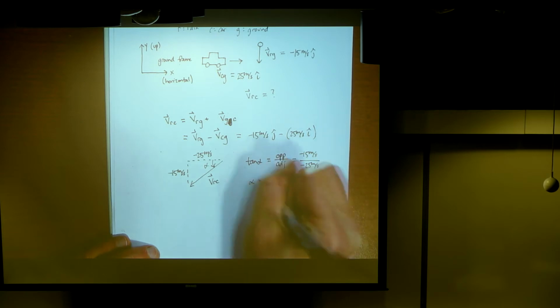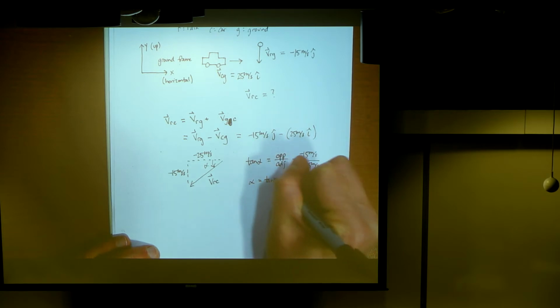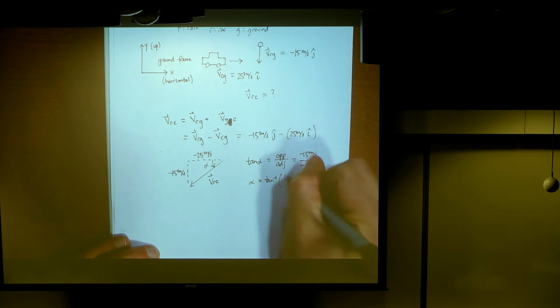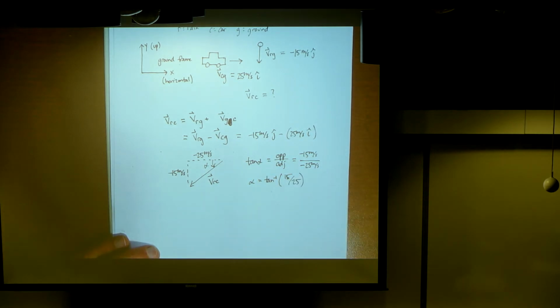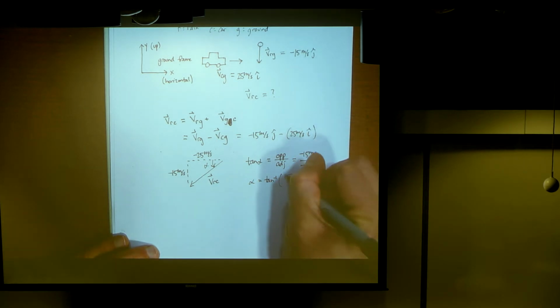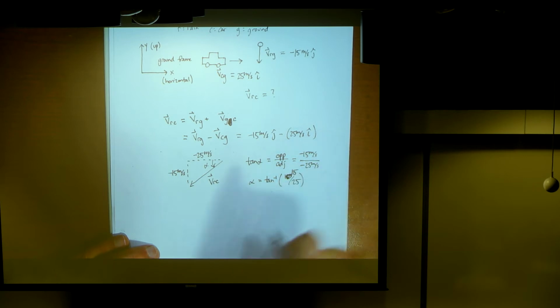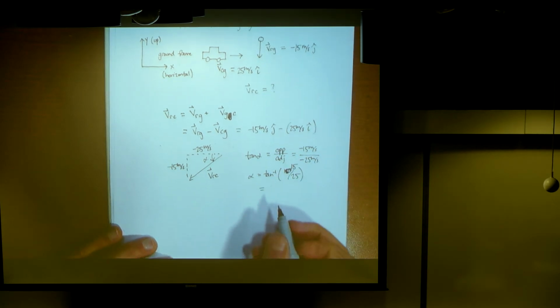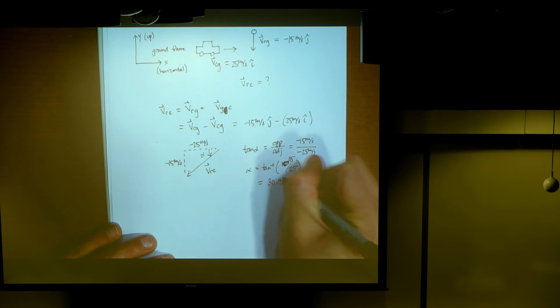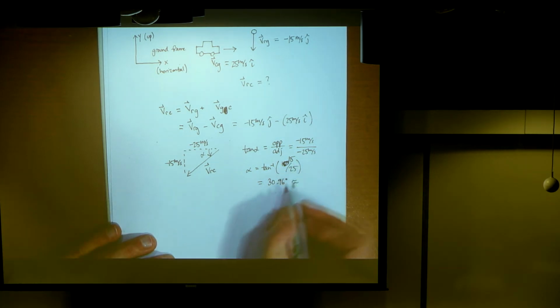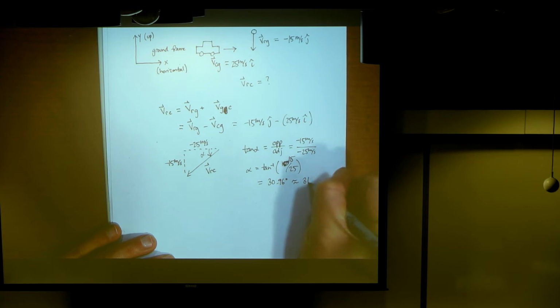So to solve for alpha, I'm going to take the inverse tangent of 15 over 25. Can someone crunch those numbers? Inverse tangent of 15 over 25? 30.96. Yeah, so 30.96 degrees, which rounds off to, we want to keep 2 sig figs on this, so about 31 degrees below the horizontal.